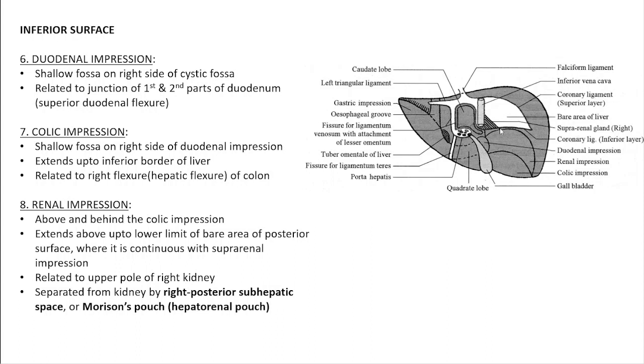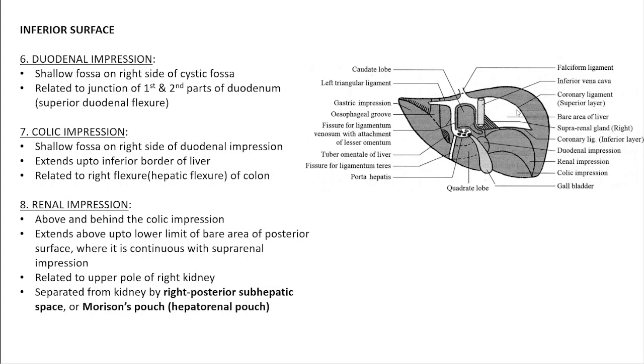Now this inferior layer of the coronary ligament, which is actually the reflection of visceral peritoneum covering the liver to the visceral peritoneum covering the anterior aspect of the right kidney, is also sometimes called the hepatorenal ligament. So this is the difference.